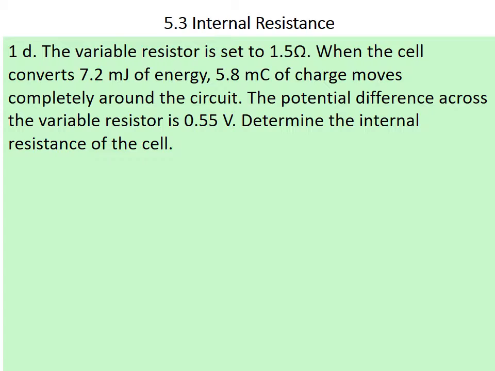All right, part D, we're getting the internal resistance of the cell, so we'll use this equation. Epsilon is equal to I times the resistance of the resistor plus our unknown internal resistance. To get I, we need to use the information given about the resistor itself.